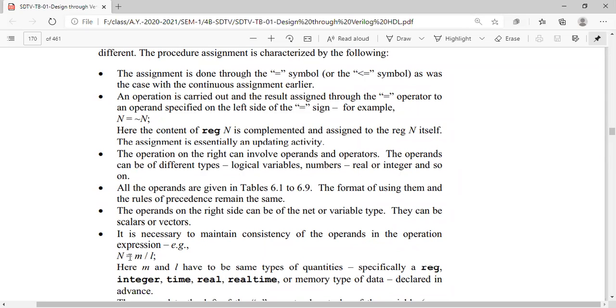For n, n will have a value if m and l are both of similar type. If m is an integer, l should also be an integer. If m is a time, l should also be a time. If m is real, l should also be real. Both should be of the same type.